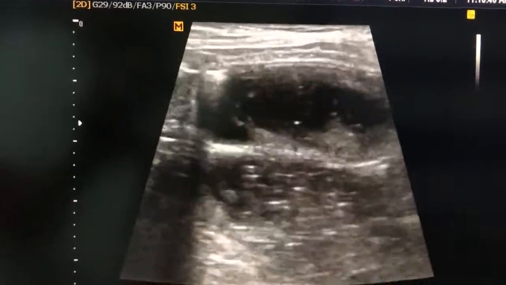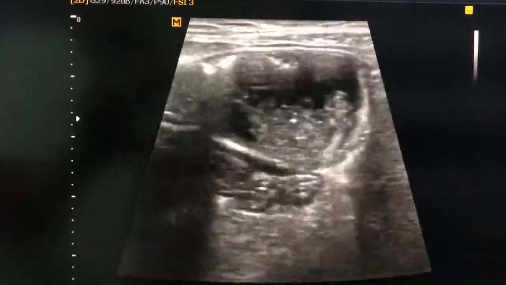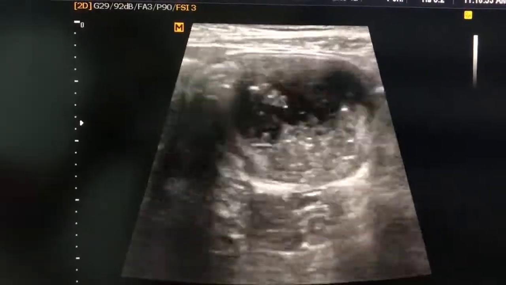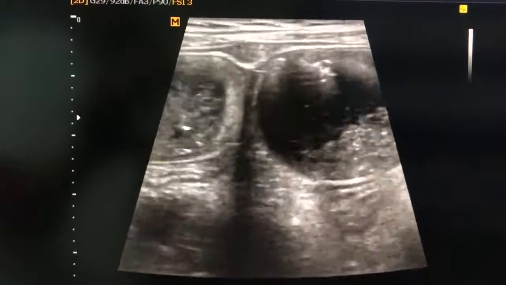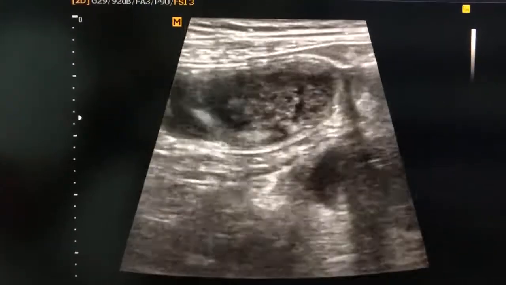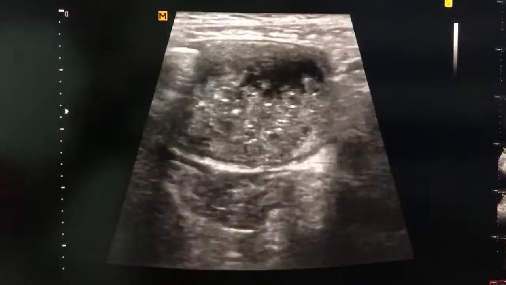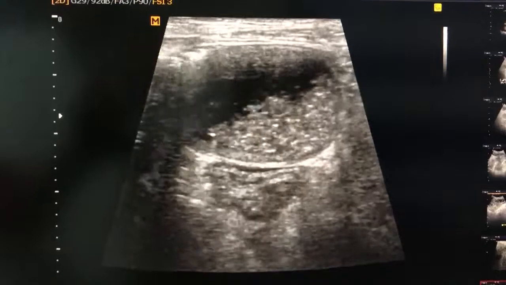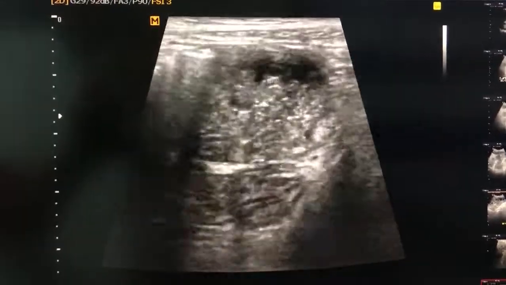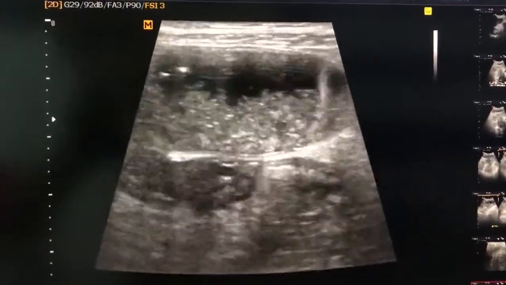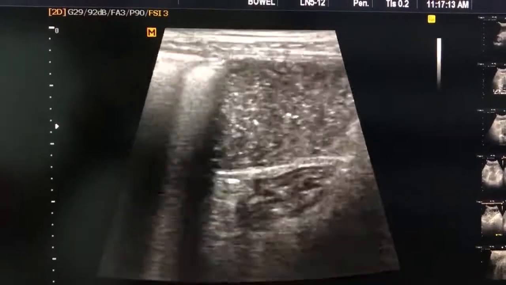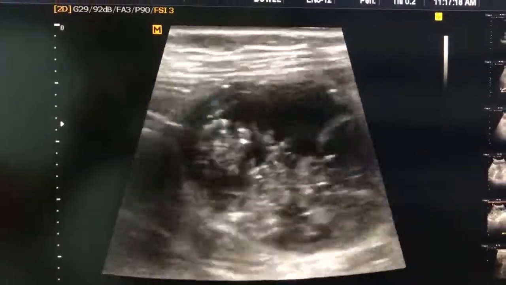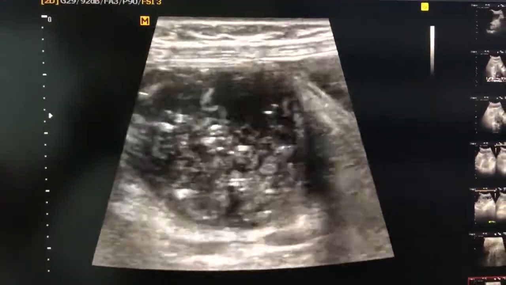You can identify by the wall thickness, very thin wall, and not so clearly appreciated microvilli. This is ileum, very thin wall. Just note the thickness of the ileum. This is also ileum, thin wall.